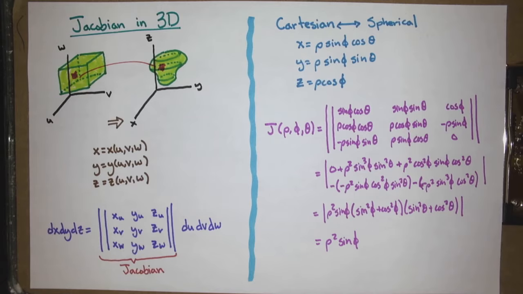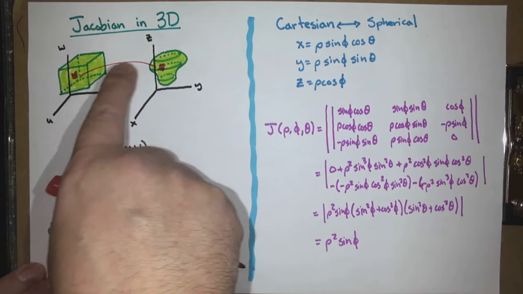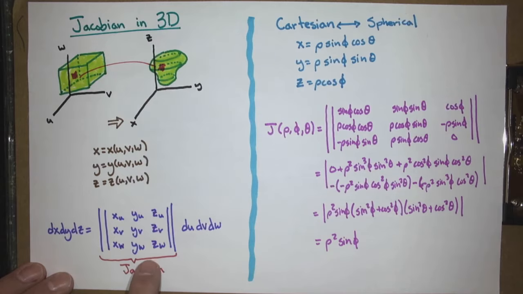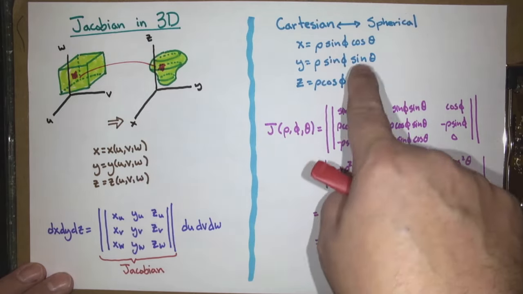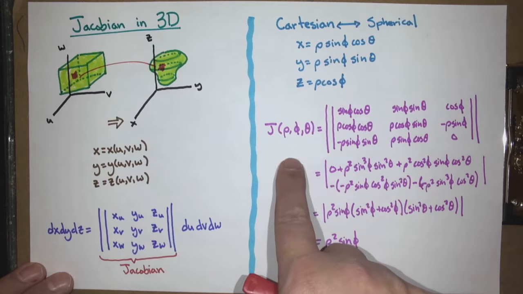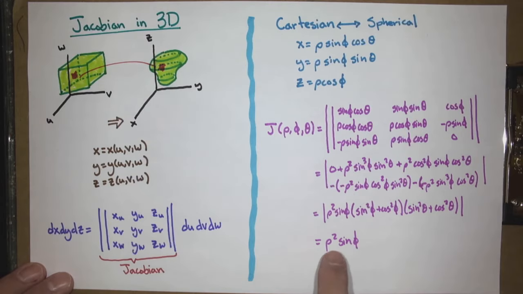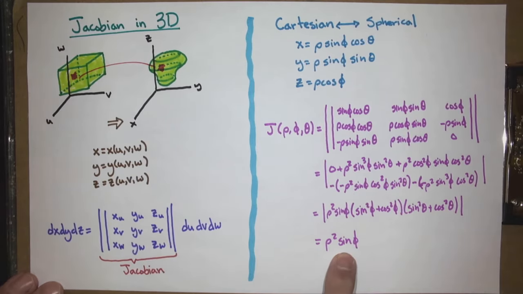A 3x3 determinant. So this is the volume of the parallelepiped that's estimating what's going on here. So it comes from a volume formula of local expansion and contraction. Now if you just throw in the formulas and crunch through, this determinant becomes your rho squared sine phi. So it's not just random, it comes from a particular place. And that's it for today.